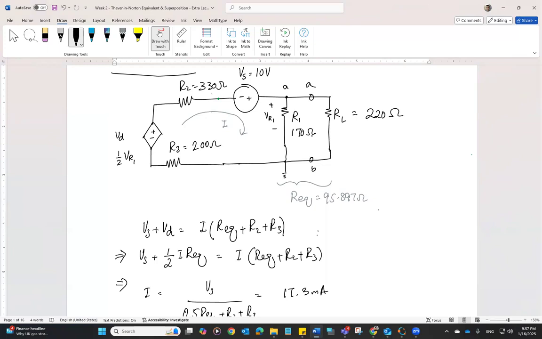Again, the method is very simple because we are trying to figure out the test source current. Since you know the voltage at node A, you can easily find, using Ohm's law, the current passing through R1. You can also find the other current, which will be the test source voltage minus VD, which is half of the test source voltage, divided by R2 plus R3.